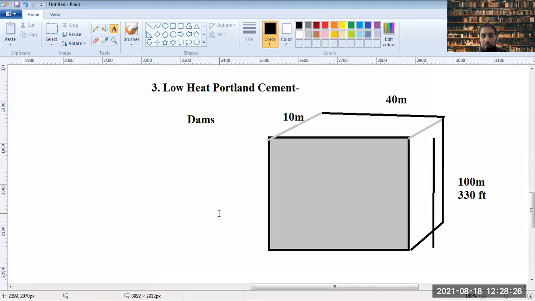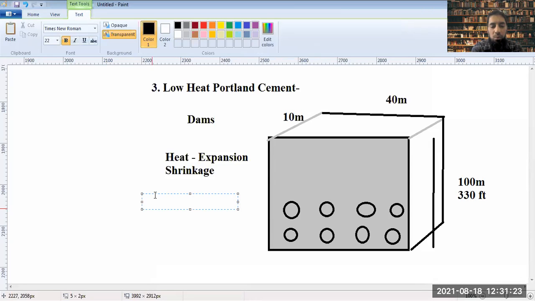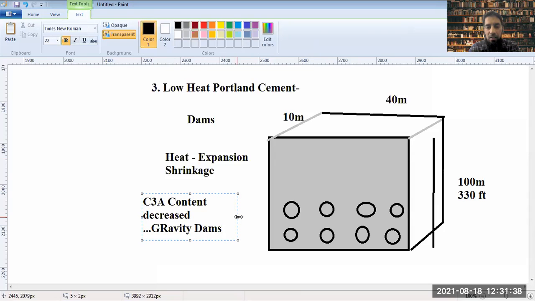Each meter cube of concrete produces heat, so you decrease the content of C3A. In all the gravity dams, you use this low heat Portland cement, where the C3A content is decreased.